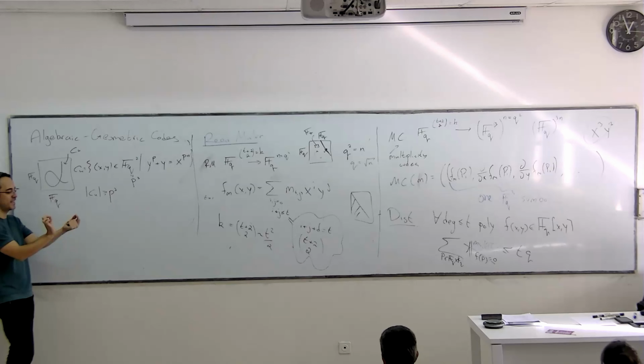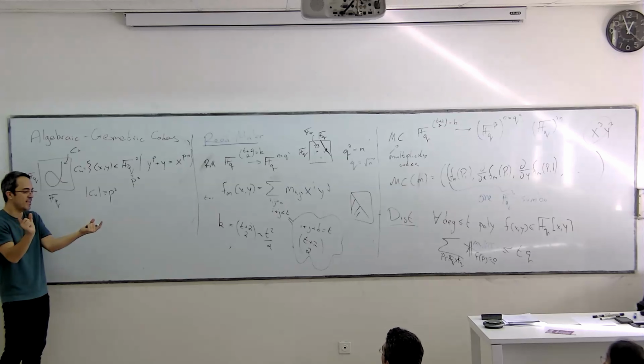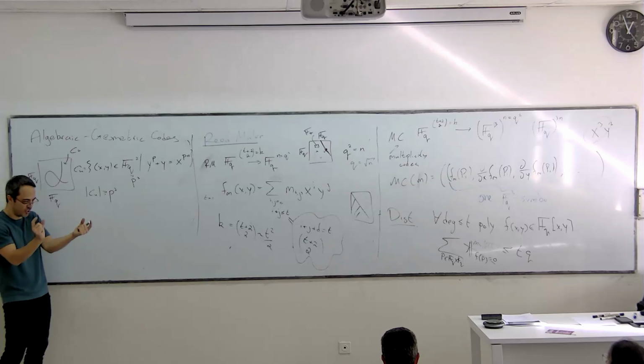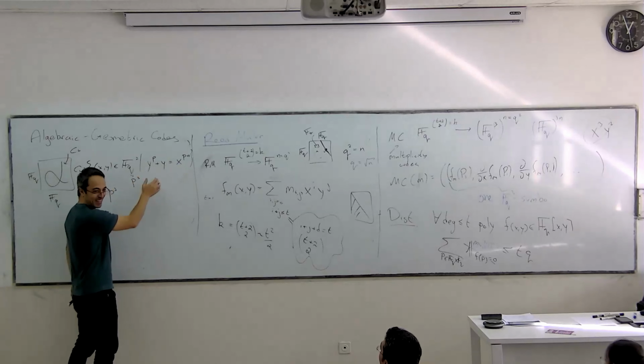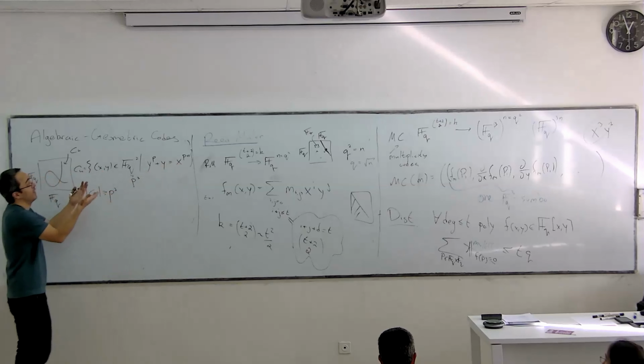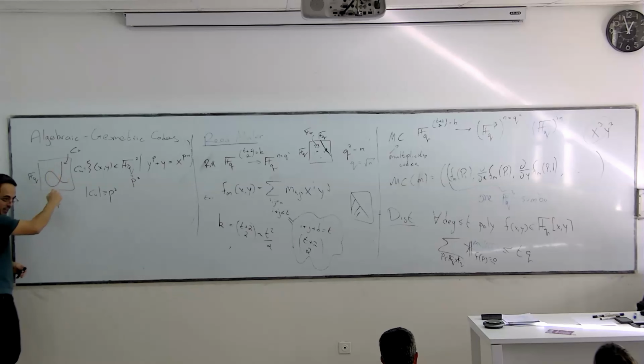For example, these two functions are the same on the curve, but they are different polynomials. So you need to be careful about how you count the degrees of freedom of the functions you have, because you don't have all functions that you may write. Some of them may be the same as functions.